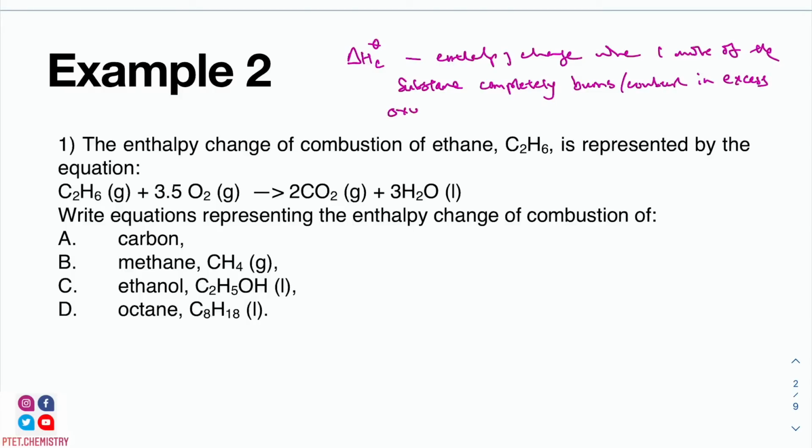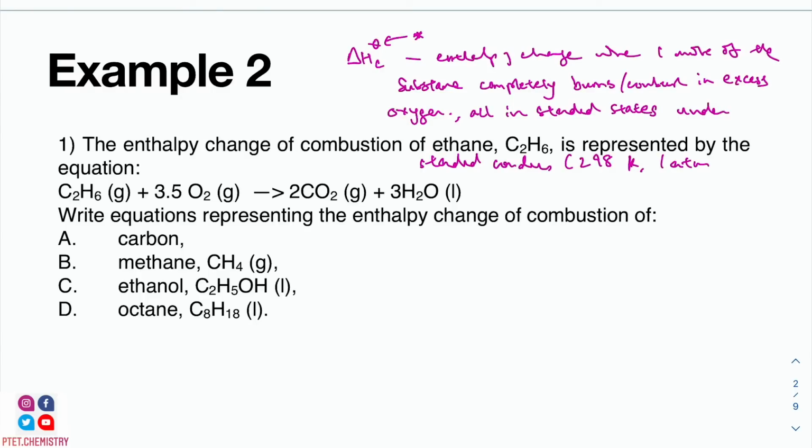It has to be excess oxygen so that you completely combust, okay, all in standard states, meaning both the reactants and the products are in the standard states. Because I have this thing there that refers to standard conditions, just like before, there was 298 Kelvin and 1 atm pressure, 1 atmospheric pressure.